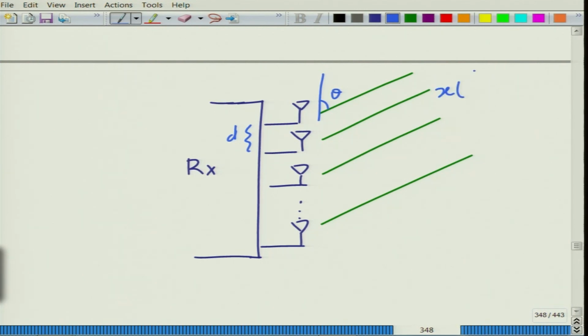You can say this is x(t) into e raised to j 2 pi.